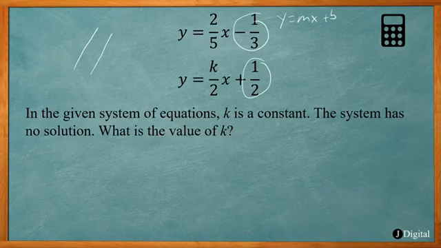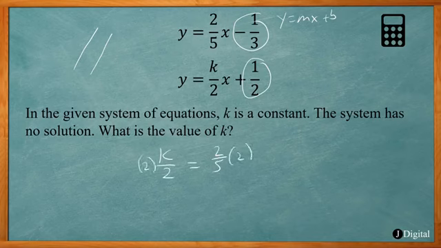So they have different y-intercepts. So we need to make the slopes the same. So I need the slope of the second equation to be equal to 2/5. So I can just say k over 2 needs to equal 2/5. Get k by itself, multiply both sides by 2. So k equals 4/5.